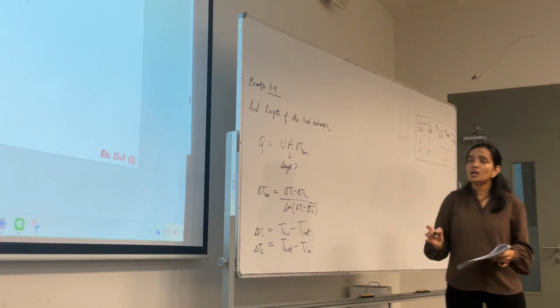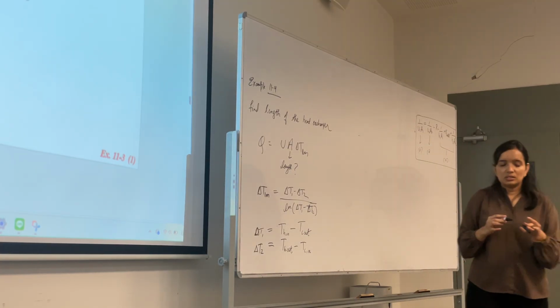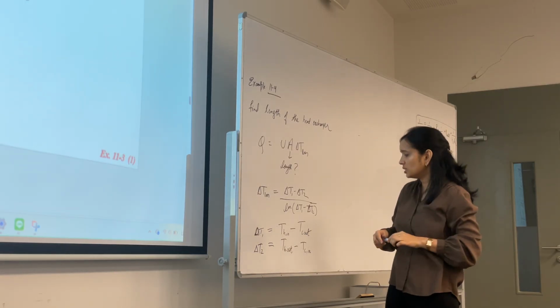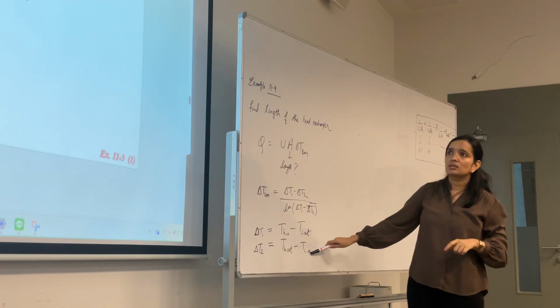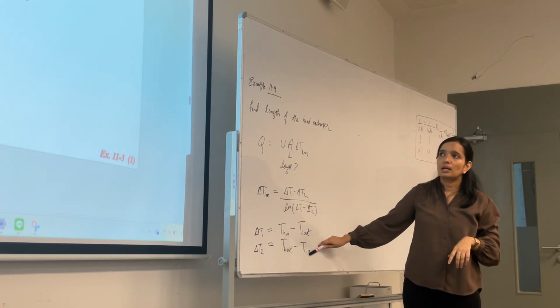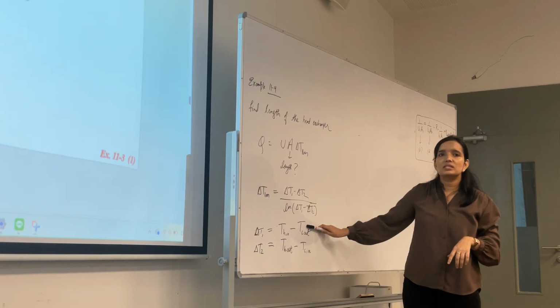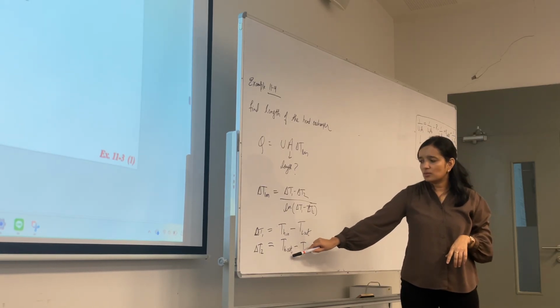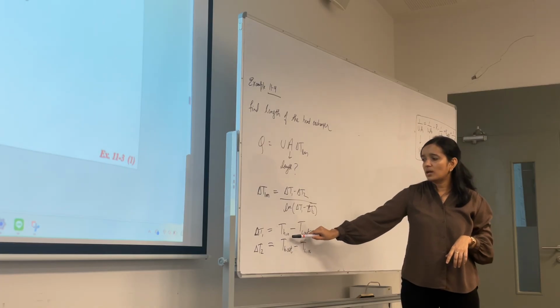If you see this diagram, something is missing. For the cold water, you have T_C in, right? Cold water inlet is 20 degrees, and cold water outlet is 80 degrees. You have these two values, but you don't have this value. Hot in is 160 degrees. You don't have the hot out value.